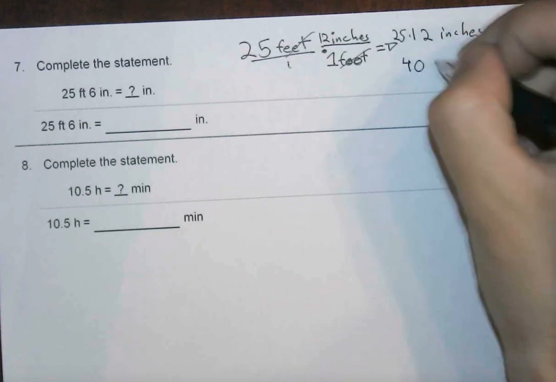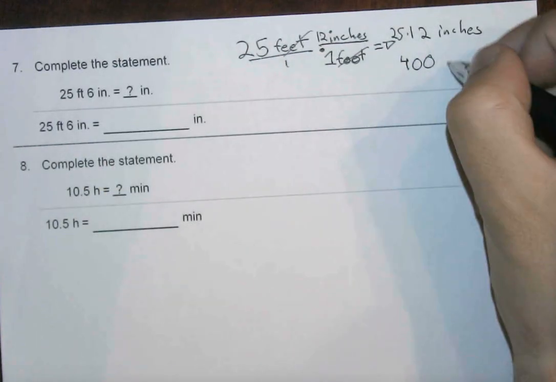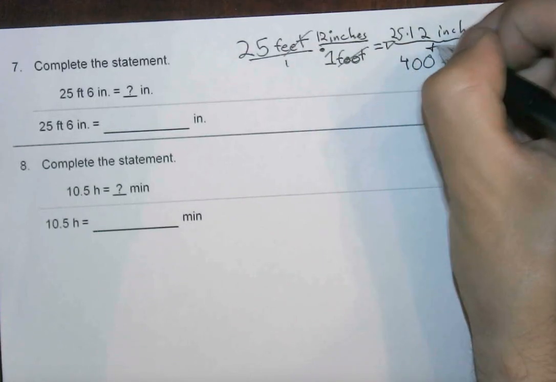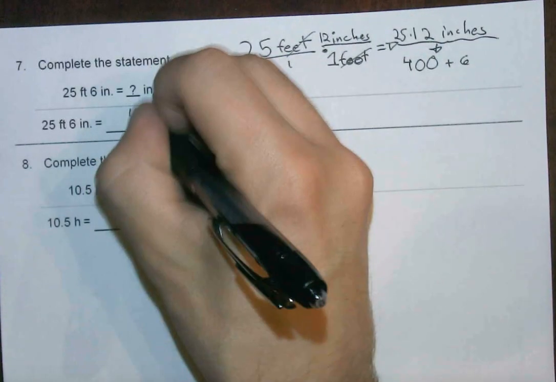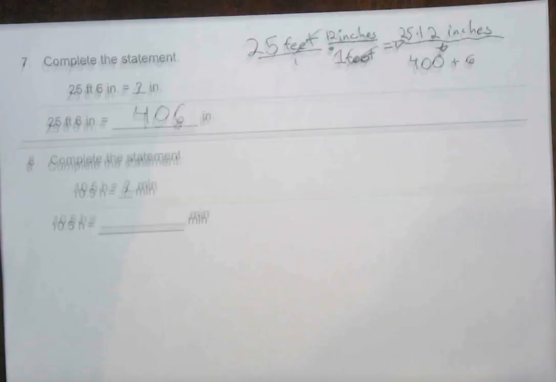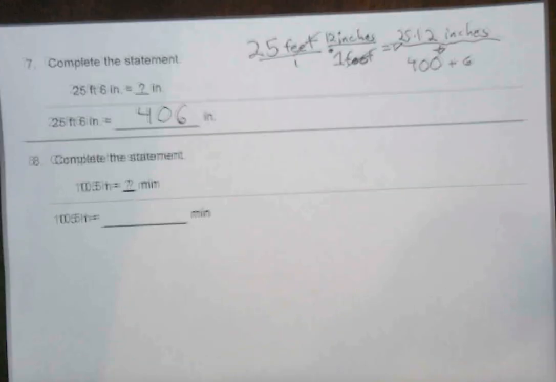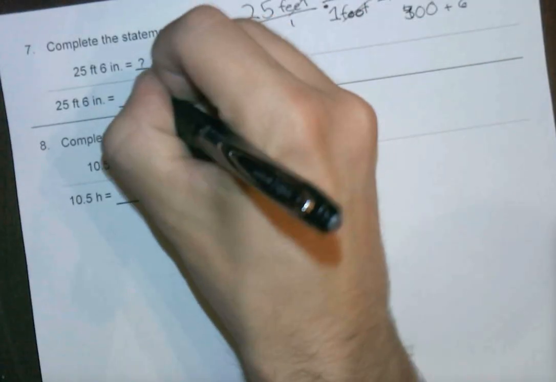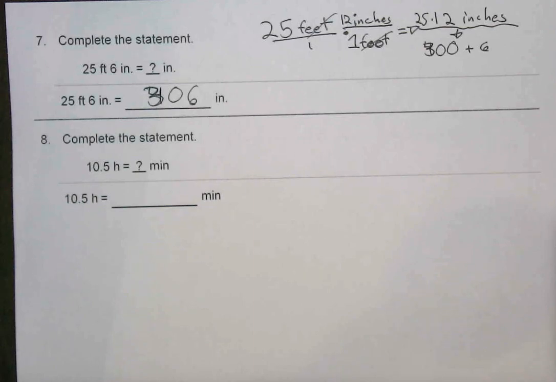But keep in mind that you're adding on that 6, so it should be 400 plus 6. So you get this 400 plus that 6, 406 inches, and you're done. Sorry, 306. Arithmetic error. As you can see here, it's important to keep in tune with it.